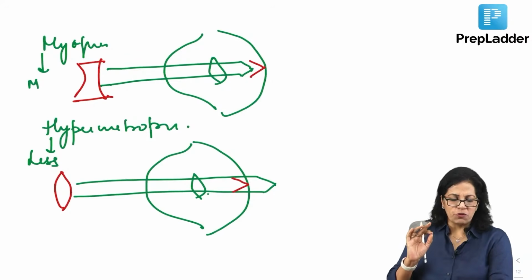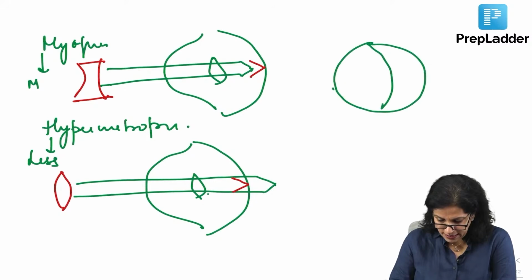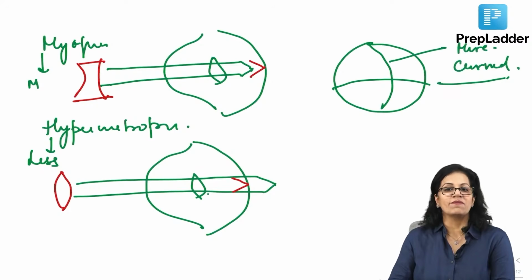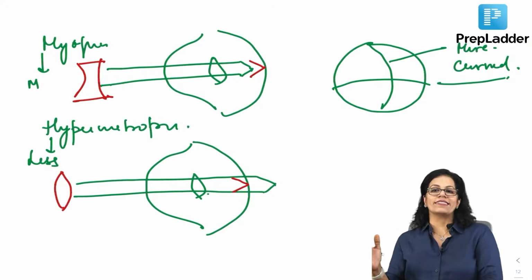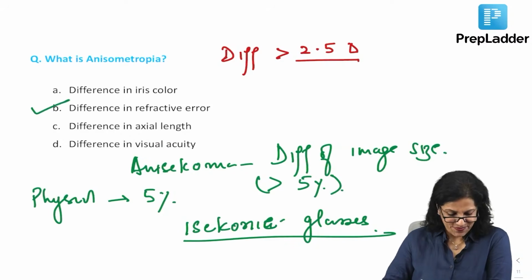So this basic should be absolutely clear. And what was astigmatism? We have learned that when the power between the two axes is different, one is more curved than the other, any one can be more curved. So any difference of refractive power between the two principal axes is astigmatism. The answer here will be B, that is, difference in refractive error.